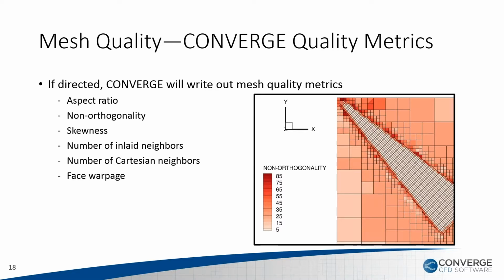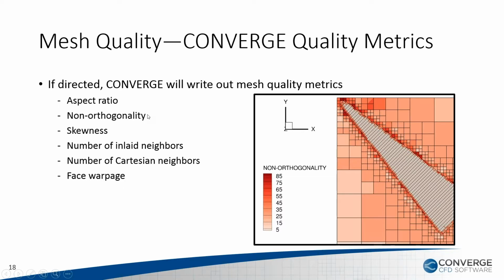I mentioned briefly that we have a new variable called mesh quality that we can specify in post.in. If you specify that, Converge will write out several mesh quality metrics to the post file, such as aspect ratio, non-orthogonality, skewness, number of inlaid neighbors, number of Cartesian neighbors, and face warpage.